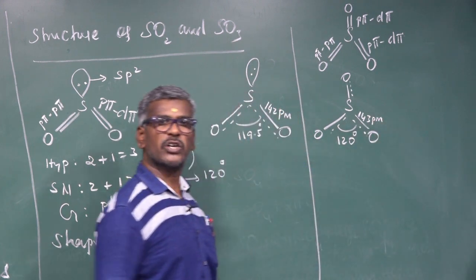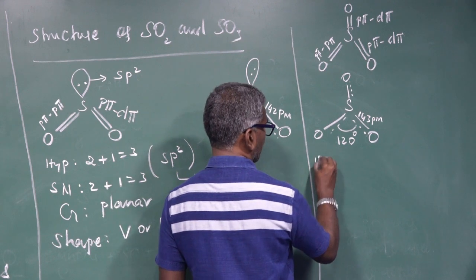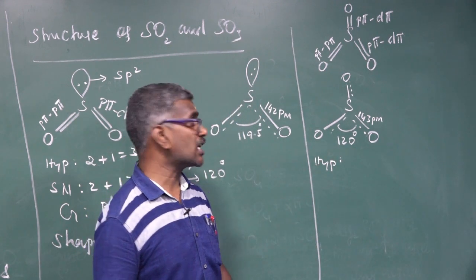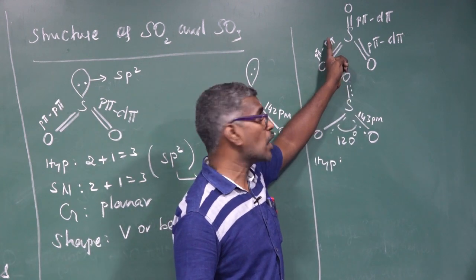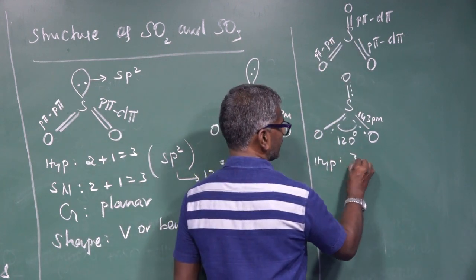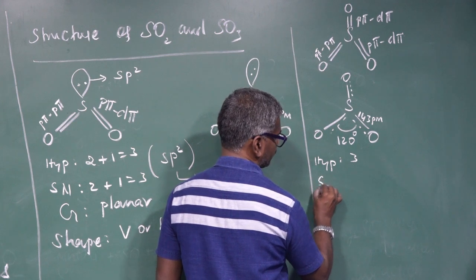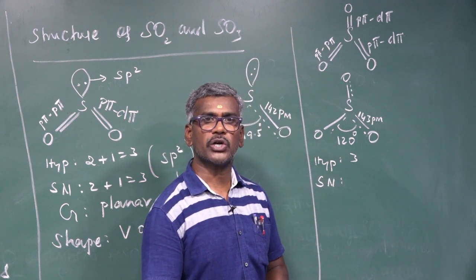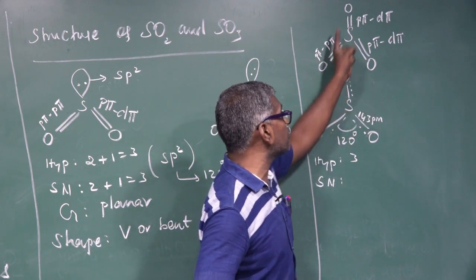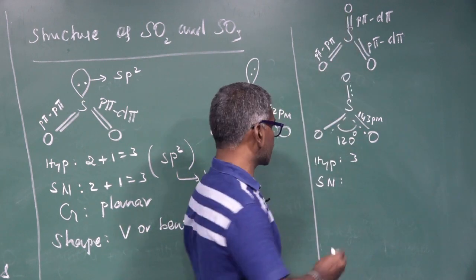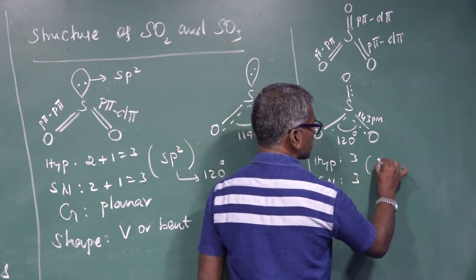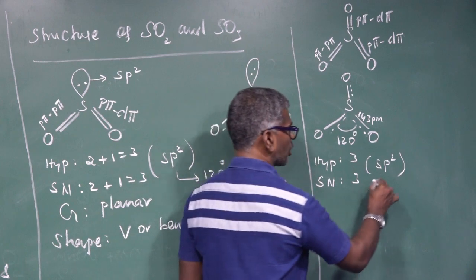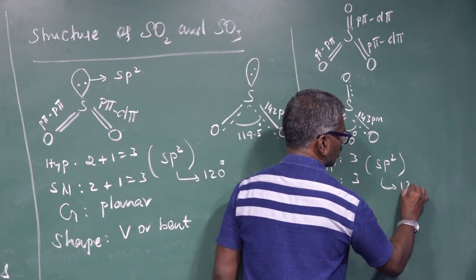How to find out the hybridization? Number of sigma bonds plus number of lone pairs. Here totally how many sigma bonds? 1, 2, 3, so 3. Steric number: total number of atoms bonded with the center atom. Here how many atoms are bonded with the center atom? 3 atoms. So 3 means what hybridization? sp2 hybridization. sp2 hybridization means what bond angle? 120 degrees.